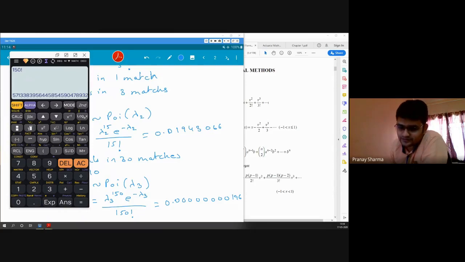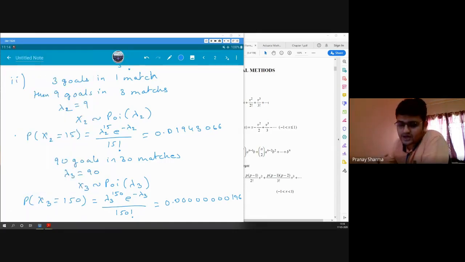Okay, it's giving us a math error. I'm just showing you, this was just for comparison purposes. I did not write this as a question because I knew most likely it will be an error, because 150 factorial is a very large value for our physical calculator to calculate.